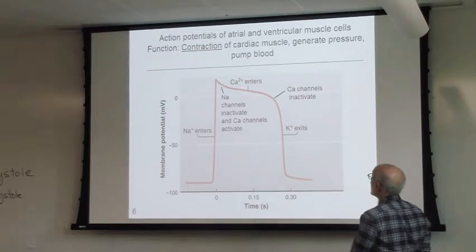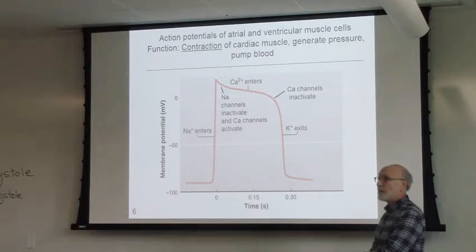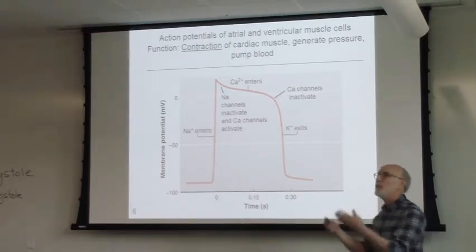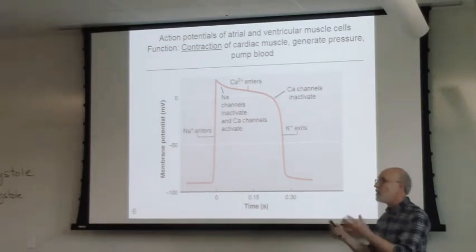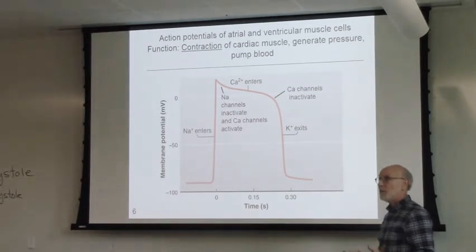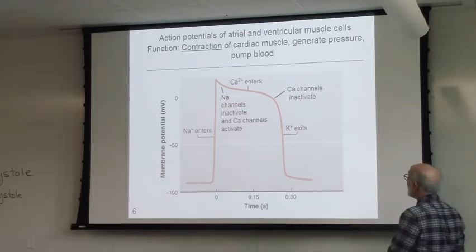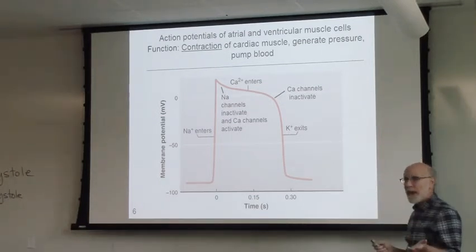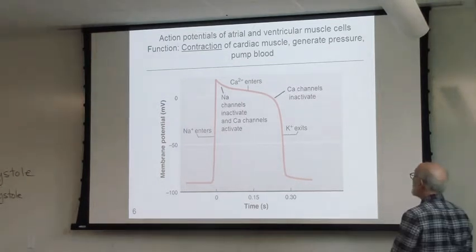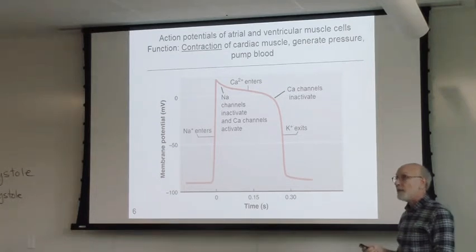So calcium is entering here and the membrane is staying depolarized for 200 milliseconds. Calcium is continuing to flow in, calcium is continuing to be released from the SR, calcium is continuing to bind to troponin, triggering contraction, atrial systole. Eventually, the calcium channels inactivate, and eventually the voltage-gated potassium channels activate.